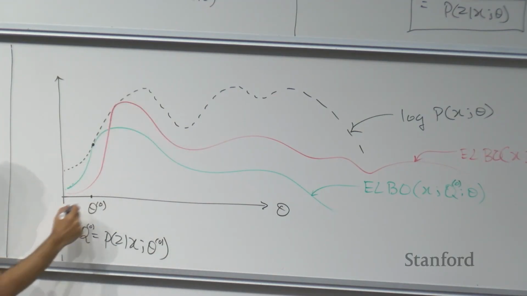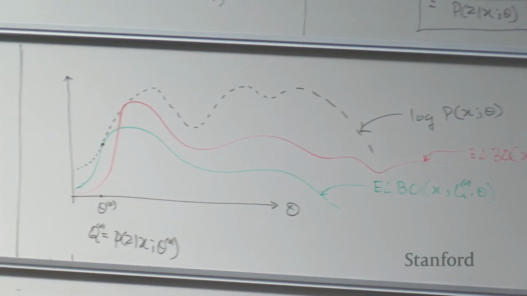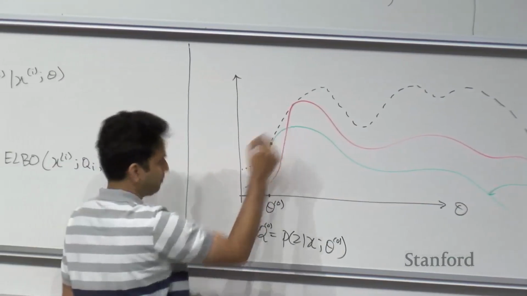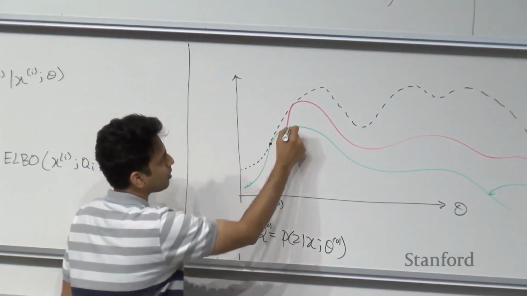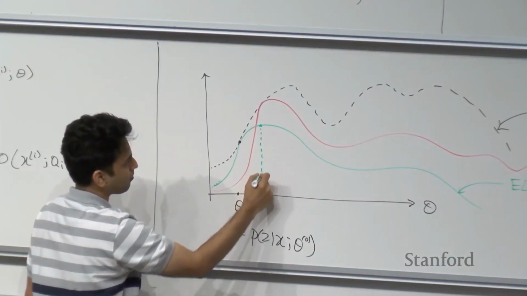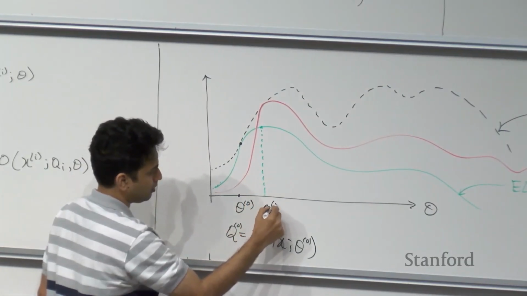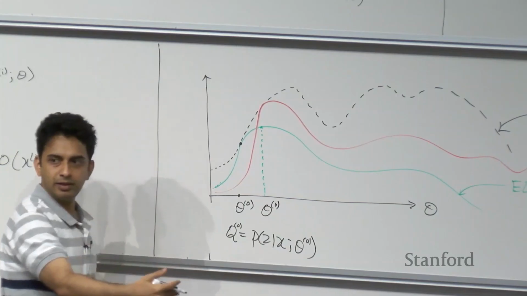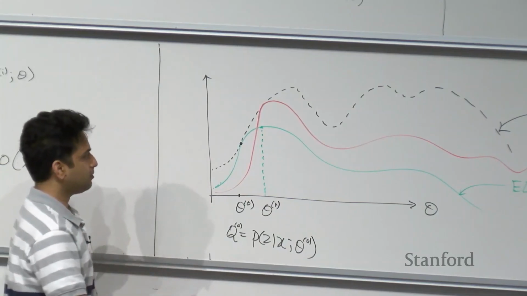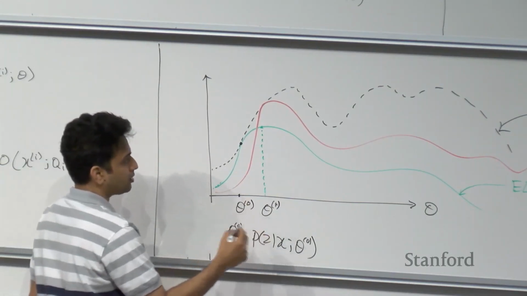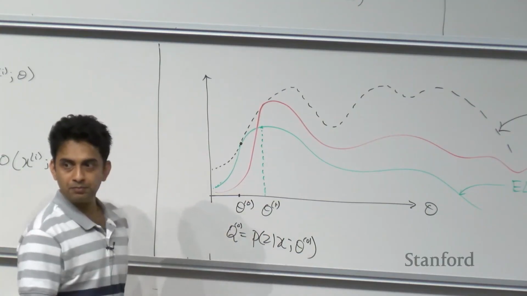And now if we maximize in the M step, if we choose a new theta, say theta 1, that is the theta for the next iteration, and now we construct yet another ELBO.